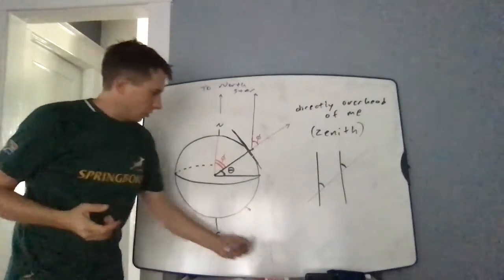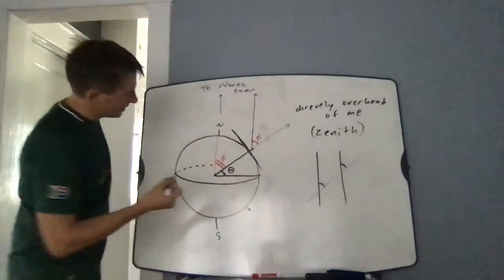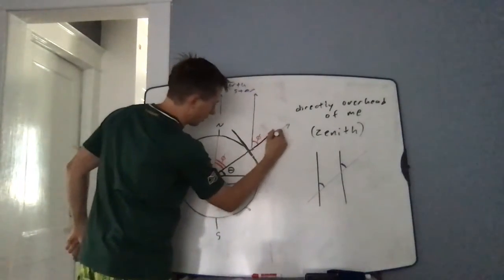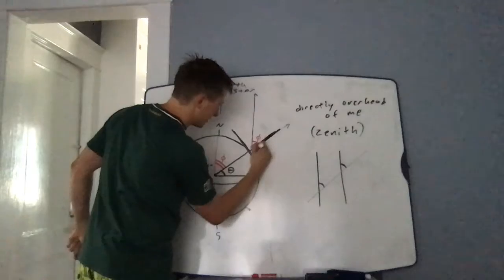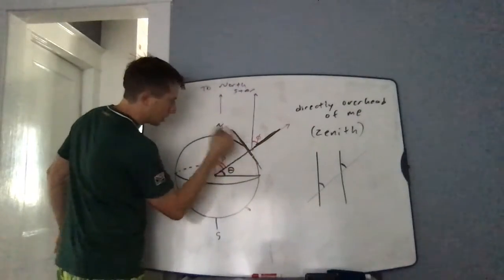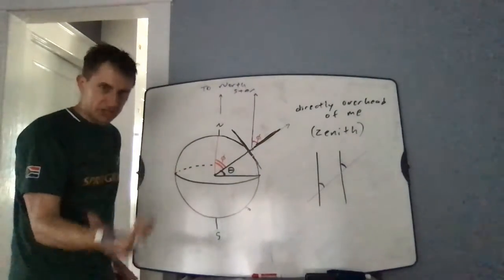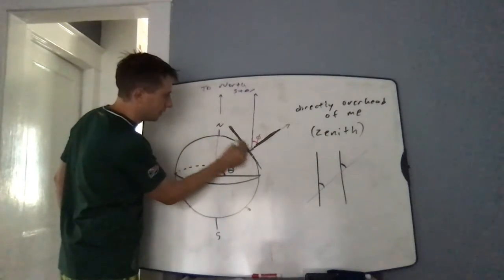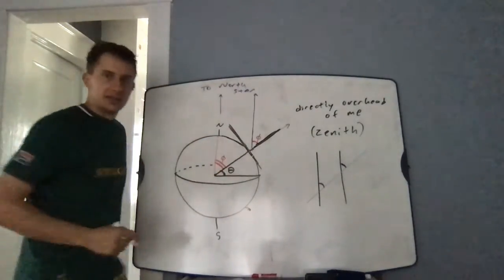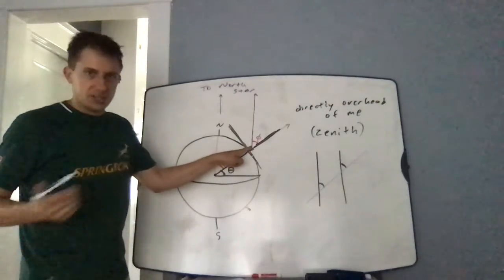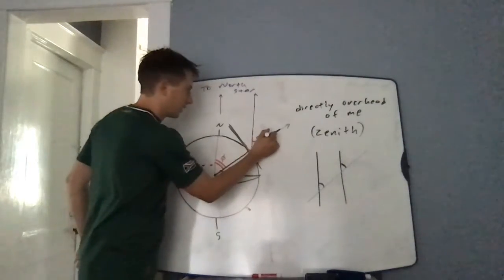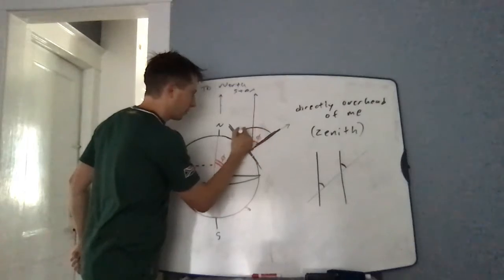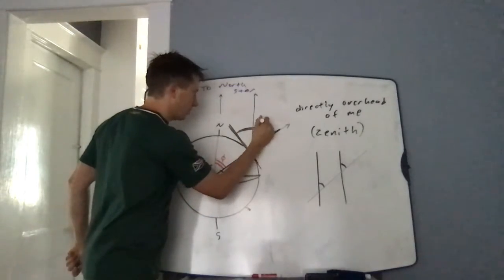Now, if I look at this picture and I say, well, here is directly overhead of me to my zenith, here is perfectly horizontal along the horizon from my point of view, this is making a 90-degree angle. Right here, from here to here, I have a 90-degree angle.